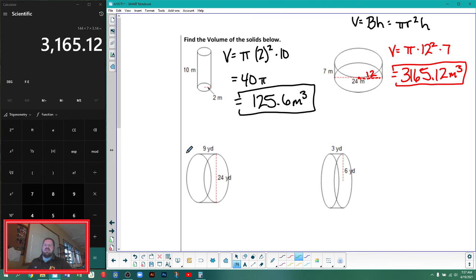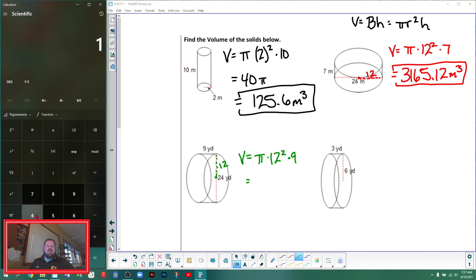Okay, next one. Same adjustment we have to make. We do have to know the radius is 12 from a diameter of 24. So we have volume equals pi times 12 squared times 9 as the height. Again, even though this height is going horizontally, it's still a height because it's the distance between my two bases.